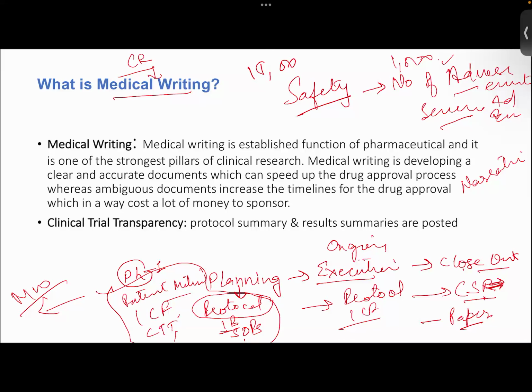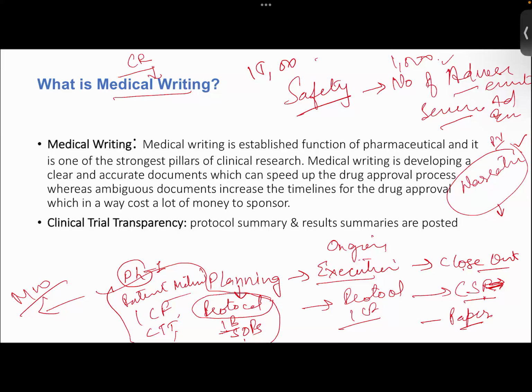Just imagine you have to write 1,000 narratives, 1,500 narratives. That means a lot of team members are required. And this narrative is the simplest document. That's why many pharma companies and CROs have narrative writing teams under medical writing, and they mostly hire freshers. So narrative writing is one thing which you should learn as early as you can. And with this, you can also apply in PV.